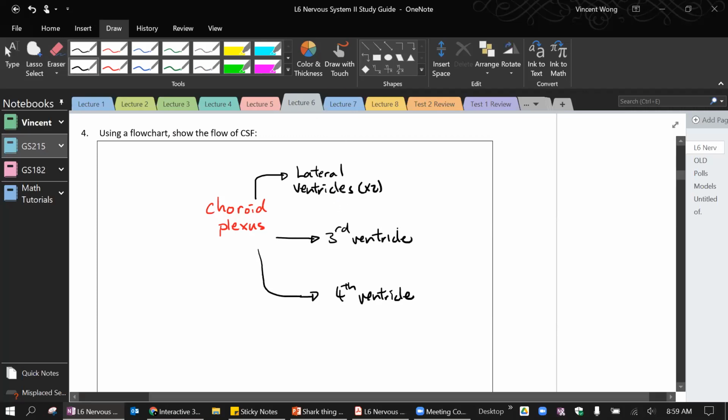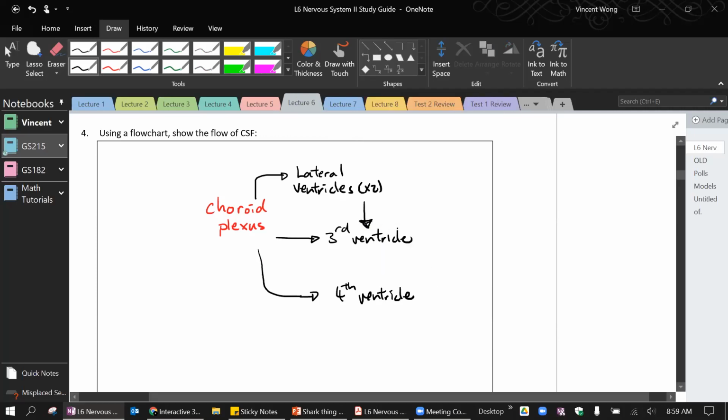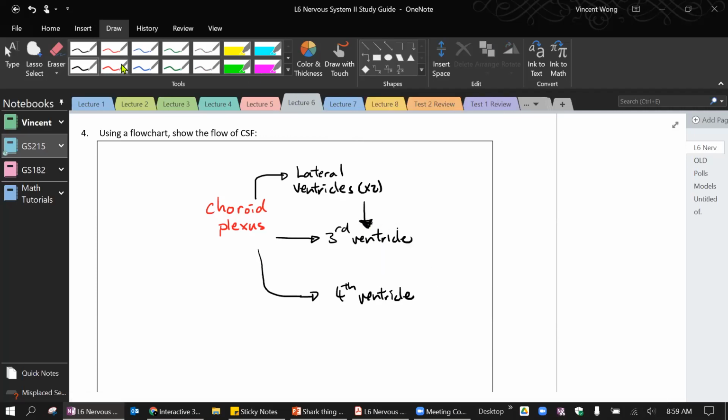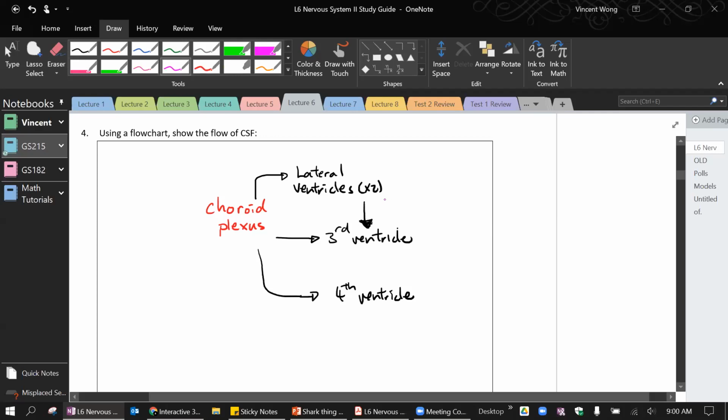So as I said, the CSF, once it fills up the lateral ventricle, it will drain into the third ventricle, right? Of course, at the same time, the third ventricle is making its own CSF as well. So the hole which this CSF goes through is called the interventricular foramen.